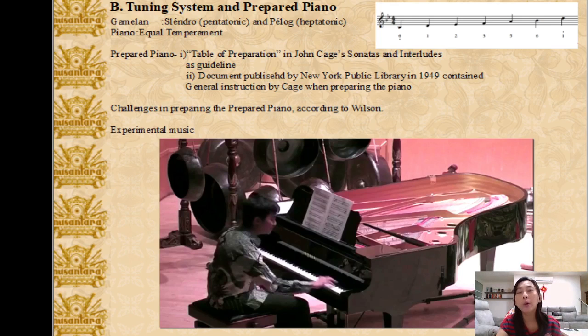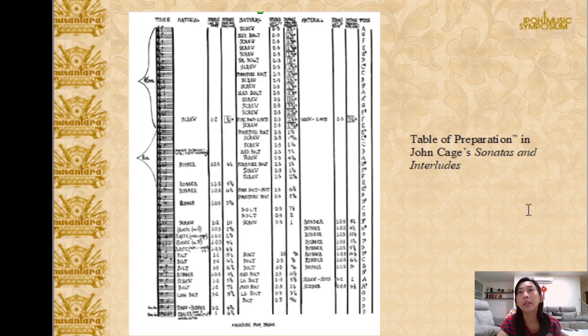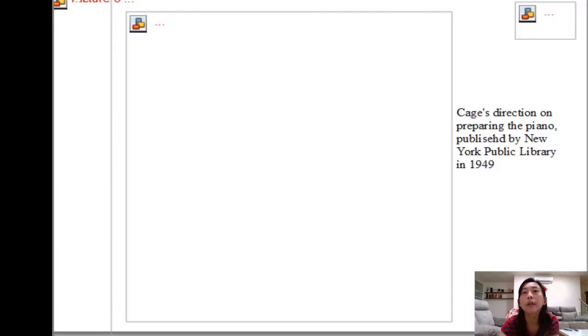So what he followed was the table of preparation in John Cage's Sonatas and Interludes to prepare the piano. So we can see the objects used are the bolts, the nuts, the screws, or plastic ruler erasers with specific sizes indicated in this table, and also the distance between the objects and the sound bridge of the piano was written down here, so it formed a guideline for Wilson when preparing it.